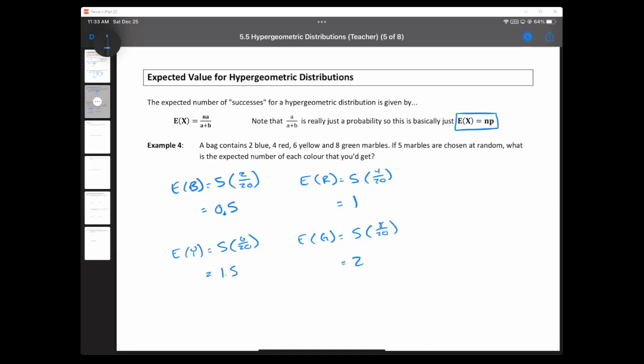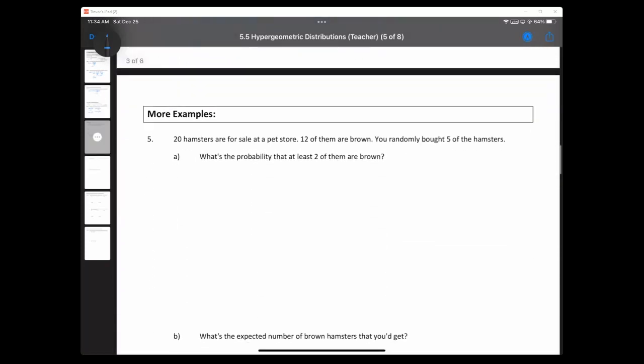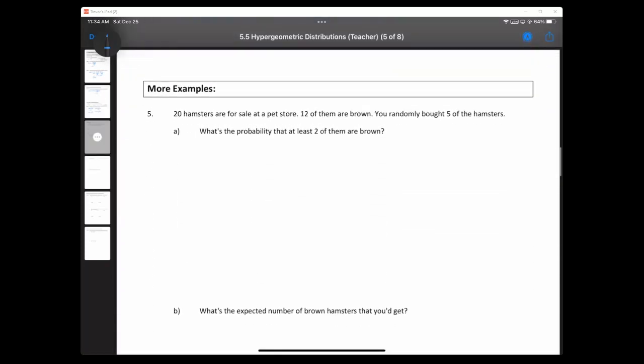So just to be clear, of your 5 marbles that you chose, you'd expect on average to get half a blue marble, 1 red, 1.5 yellow, and 2 green, despite the fact that 2 of those are not possible answers. It's just saying that if you did it a million times and divided it out, that's what you would get. Let's just try a couple more examples, get a handle on this, and I think you'll see it's not actually that tricky.